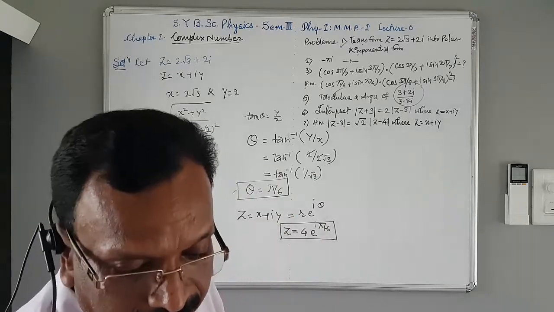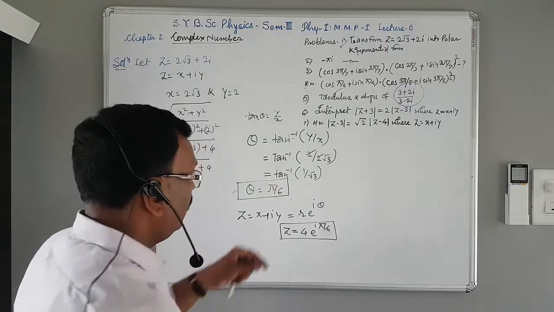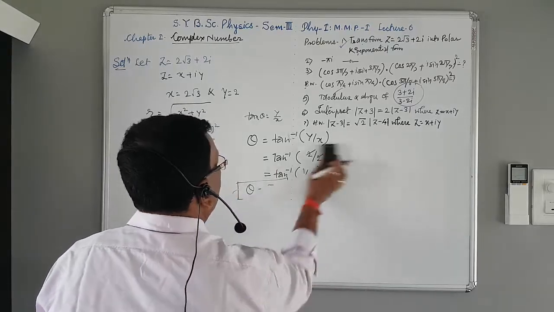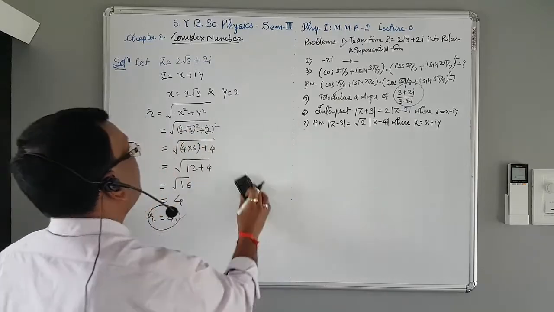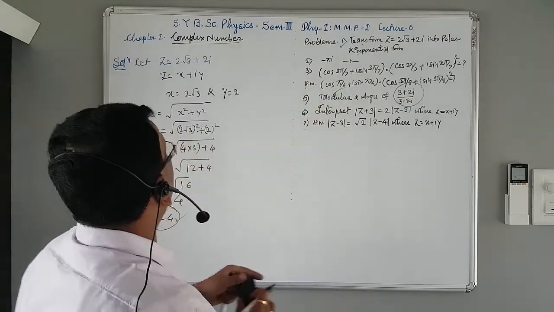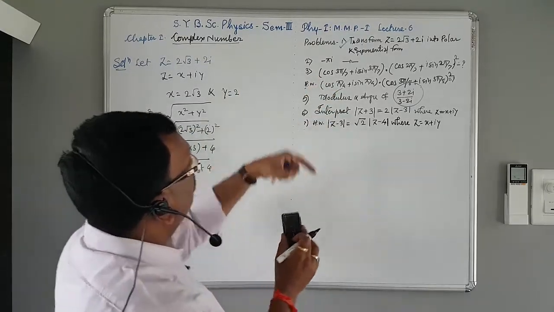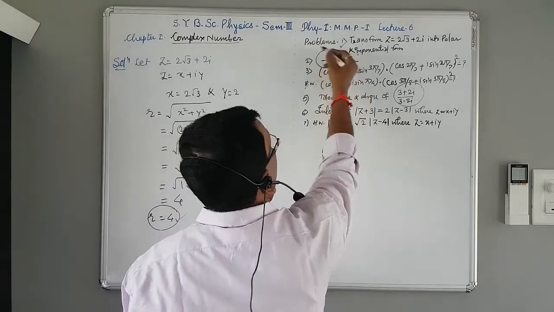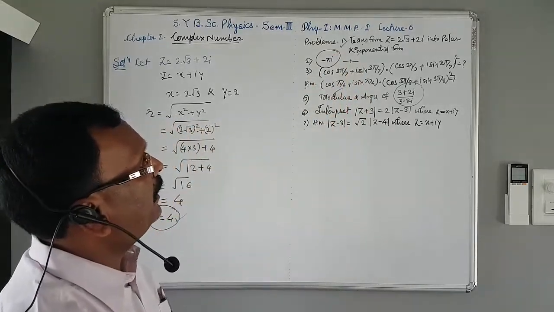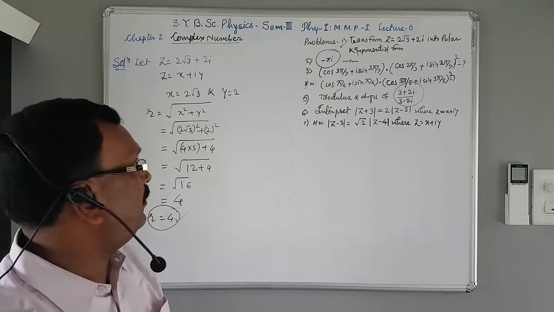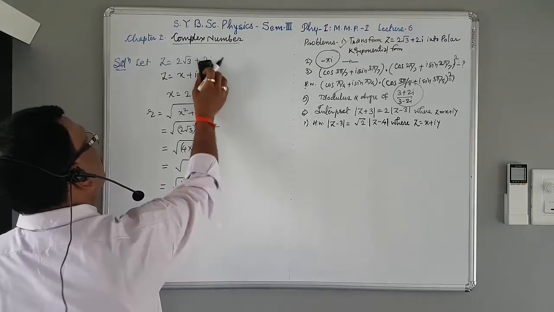In a similar way, we can solve another problem by the same method. Second problem is: transform the complex number minus pi i into polar and exponential form.